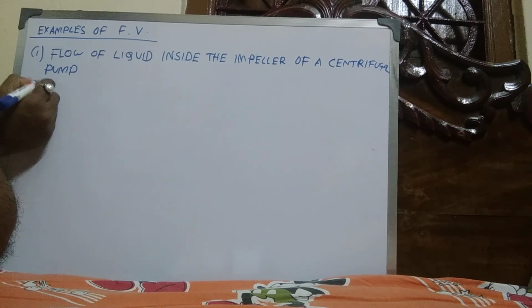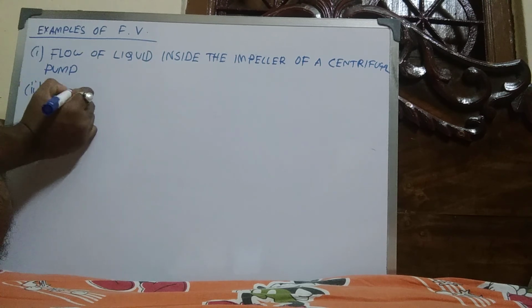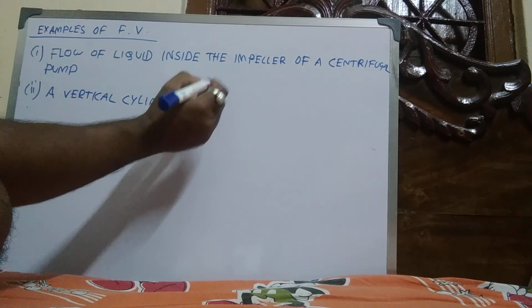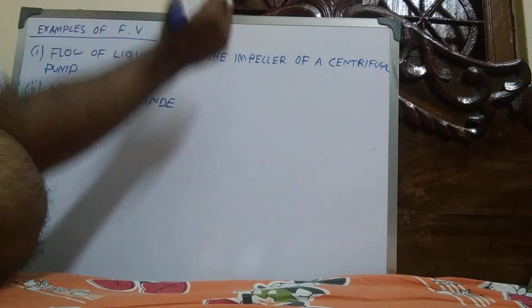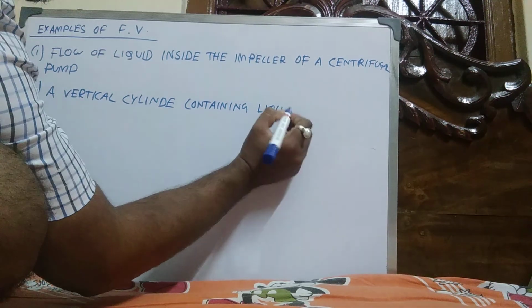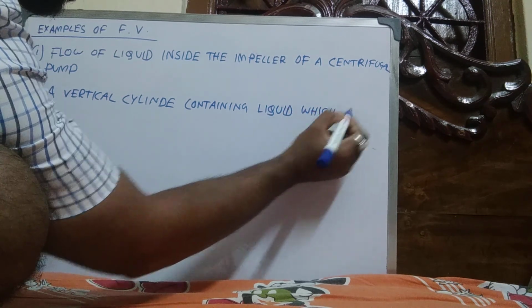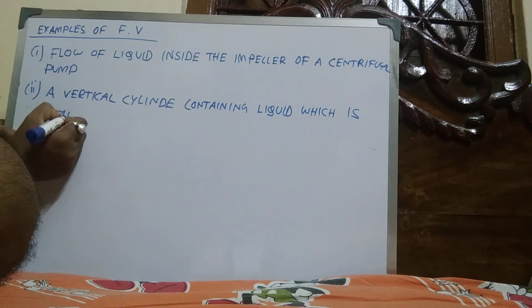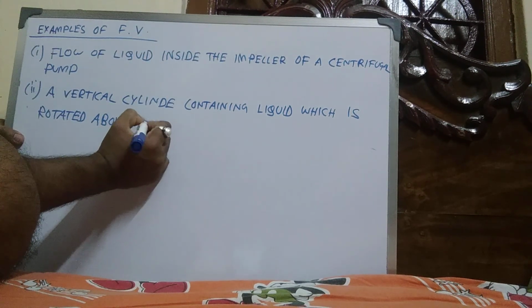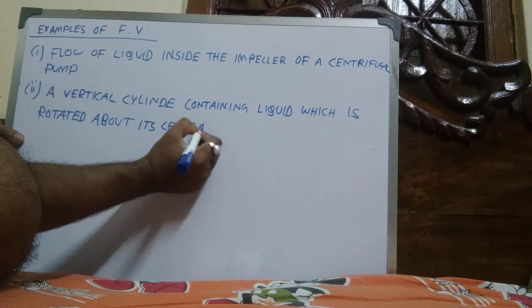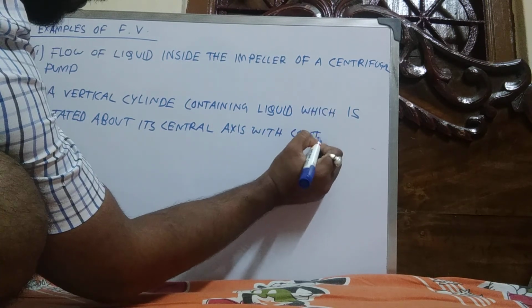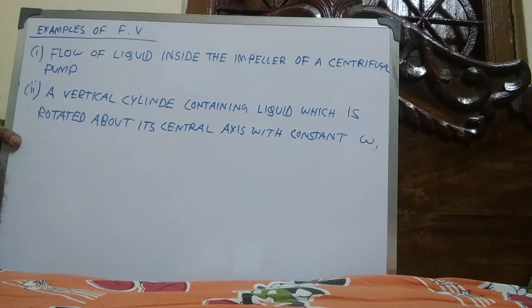Number two, a vertical cylinder containing liquid which is rotated about its central axis with constant angular velocity. This is the example.